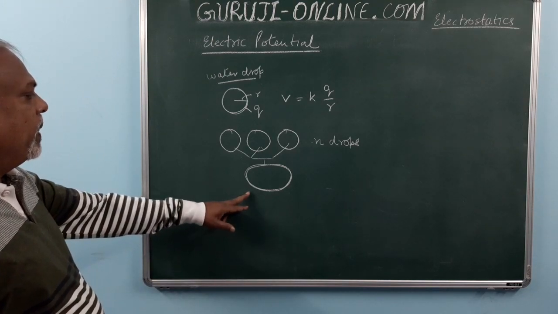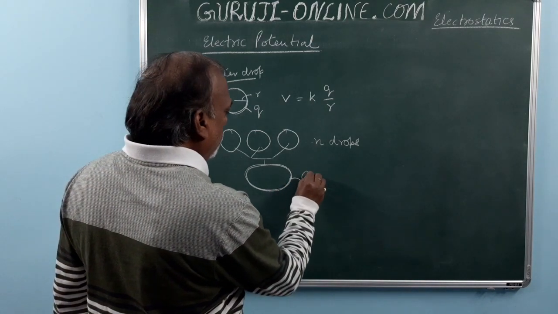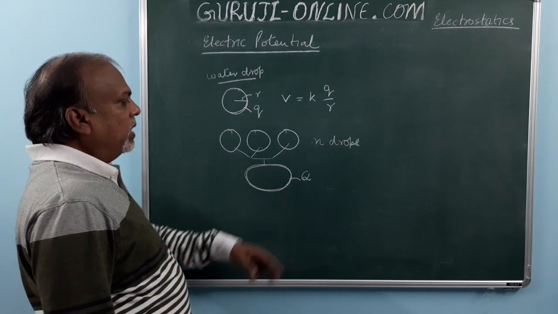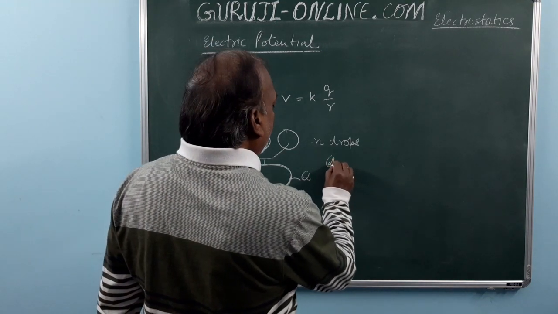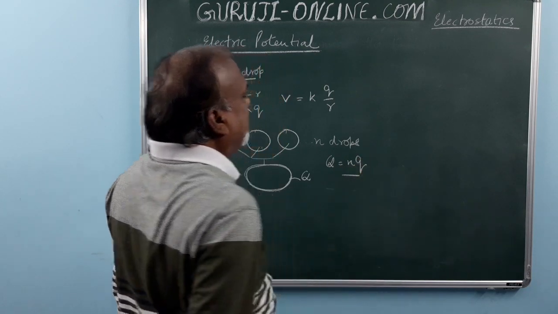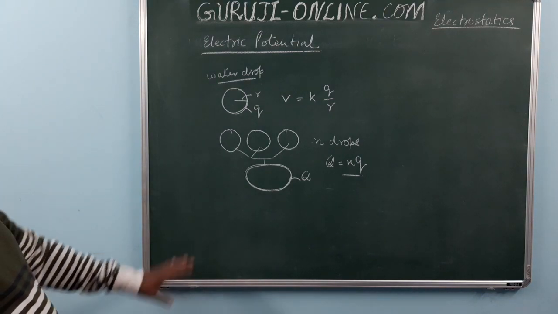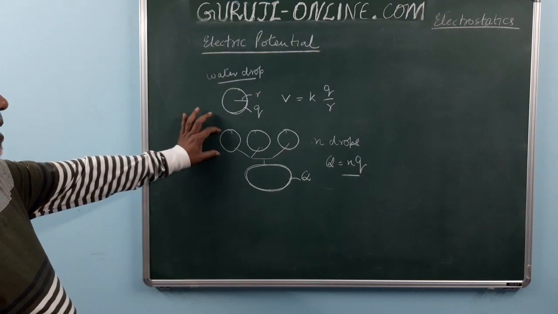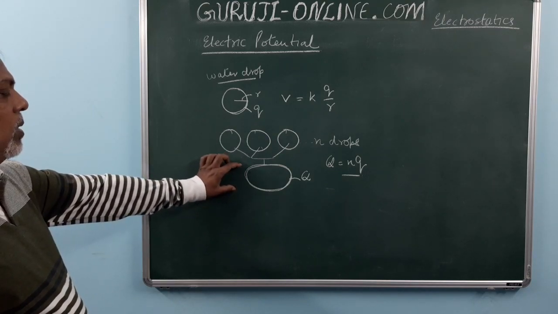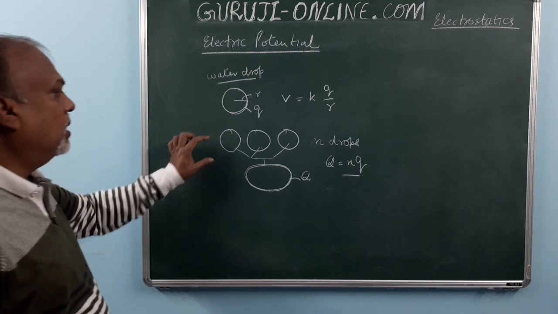So suppose the total charge is capital Q, then capital Q will be nothing but nq, and they are combining to form one drop. So we are assuming that there is no volume change.